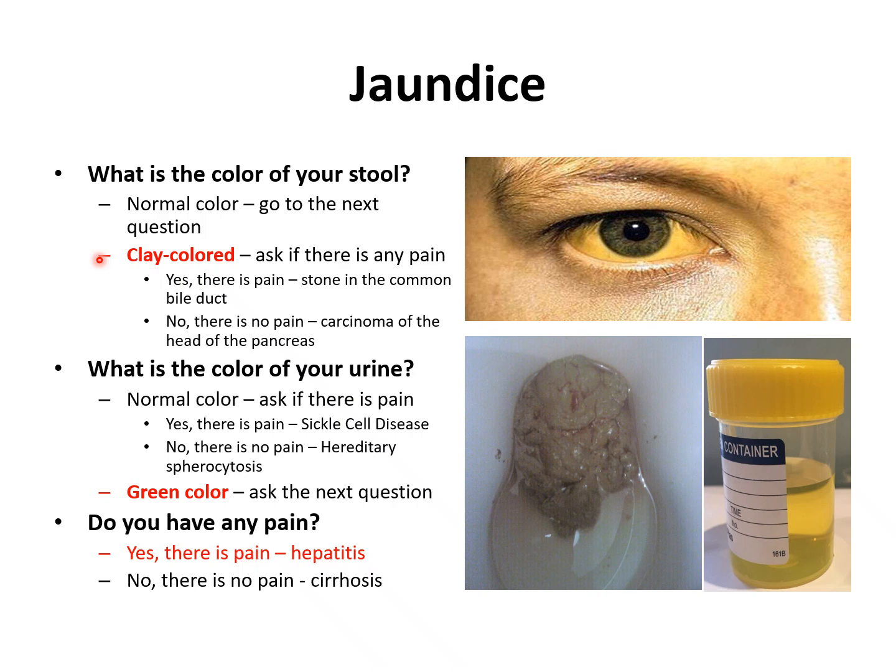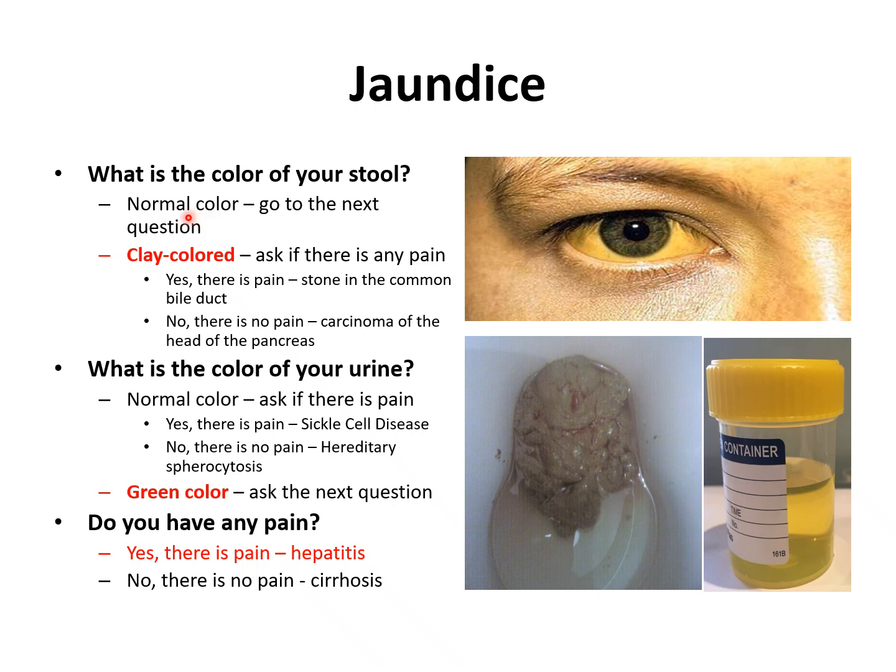And the only next question you need to ask is: is there any pain? Because if there is pain, it will tell you that the most likely cause of post-hepatic, otherwise known as obstructive jaundice, is a stone in the common bile duct. And if the jaundice is painless with a clay-colored stool, it would mean a carcinoma of the head of the pancreas.